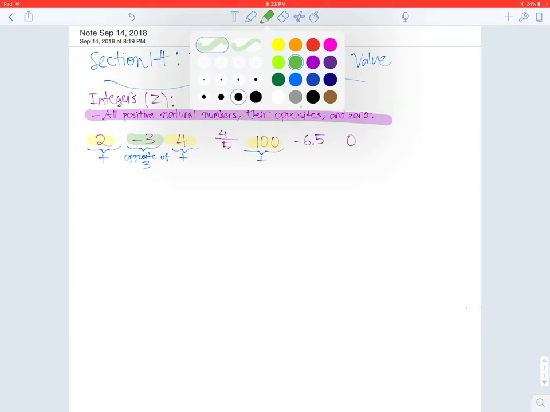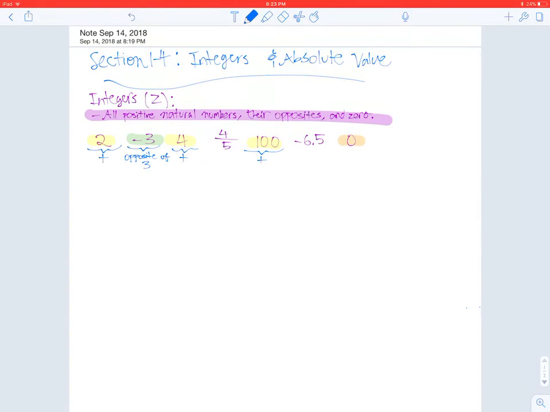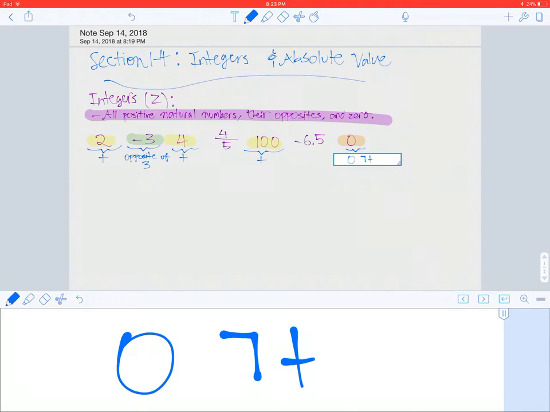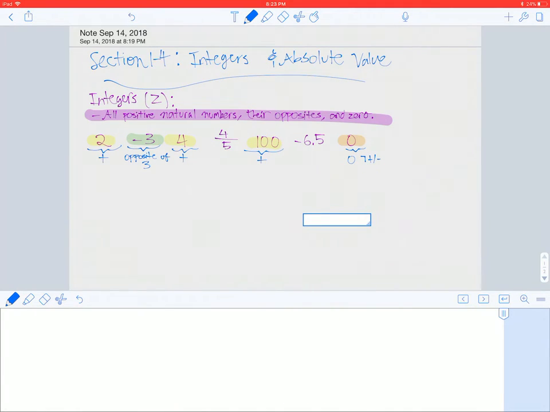Now, the last number on this list would be 0, because as explained by the definition, the integers include 0, which is not positive or negative.